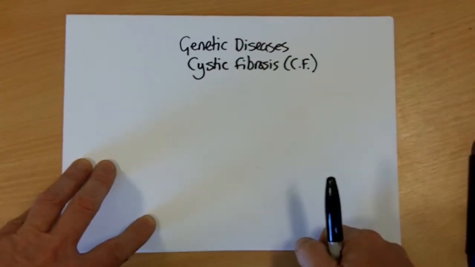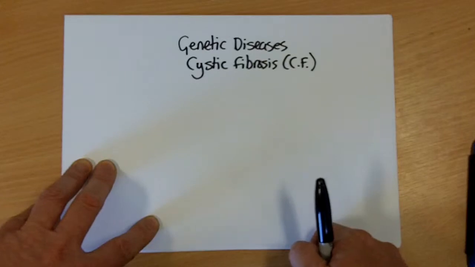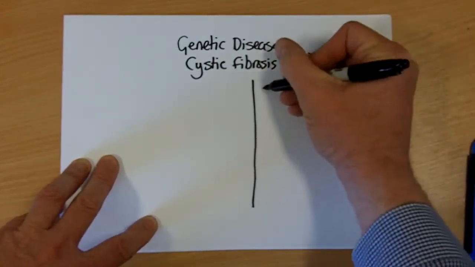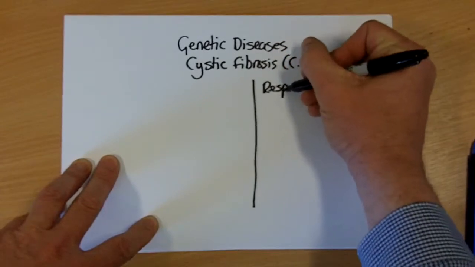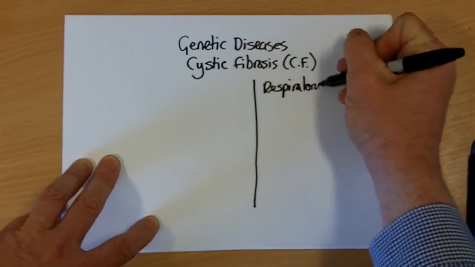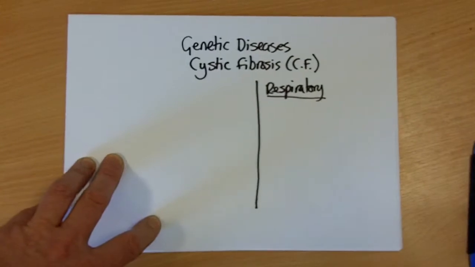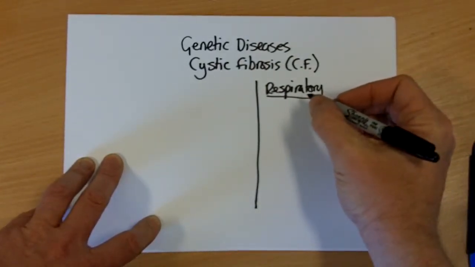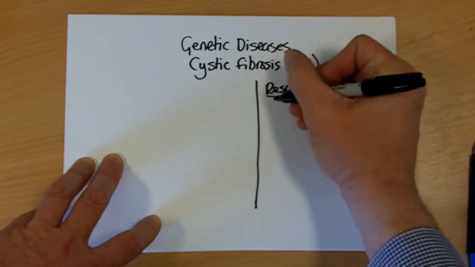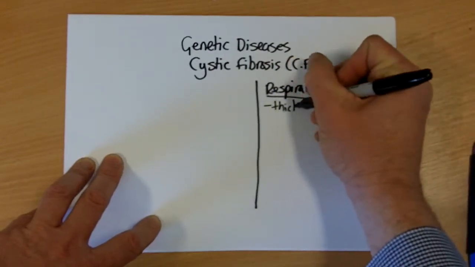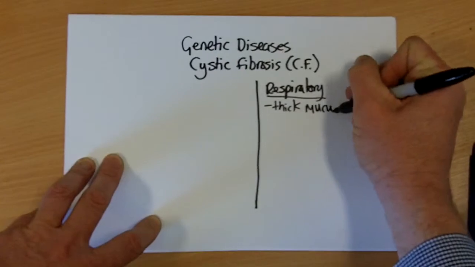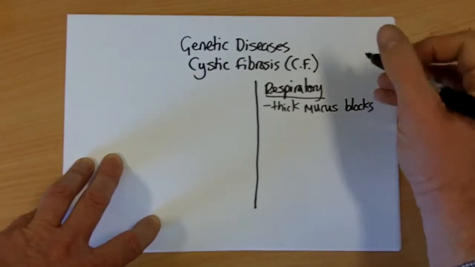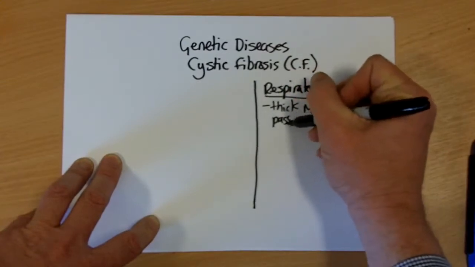Okay, so in cystic fibrosis, symptoms are essentially twofold. There is a respiratory problem, and that causes essentially a thick mucus which blocks passageways to the lungs.